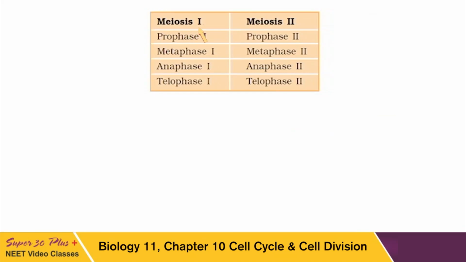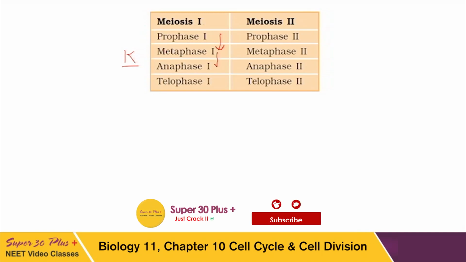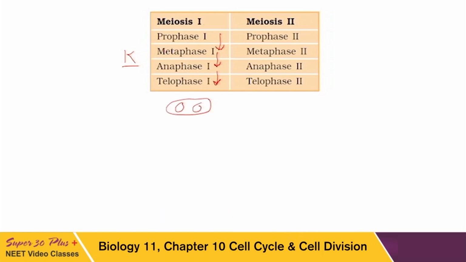In meiosis first, there will be karyokinesis, and this karyokinesis will have prophase first, followed by metaphase first, anaphase first, then telophase first. After telophase first, 2 nuclei will be formed, each having the haploid number of chromosomes. There may or may not be division of cytoplasm.